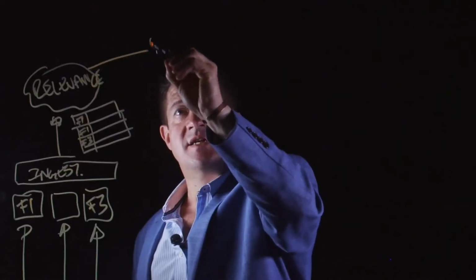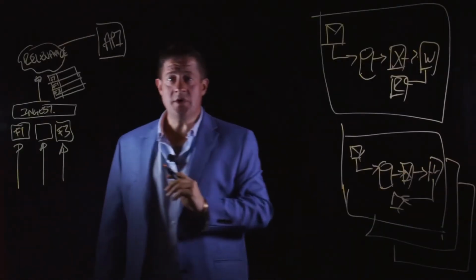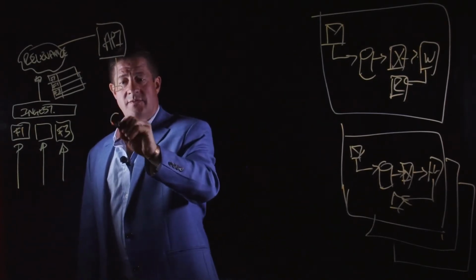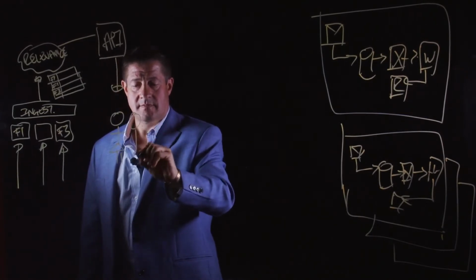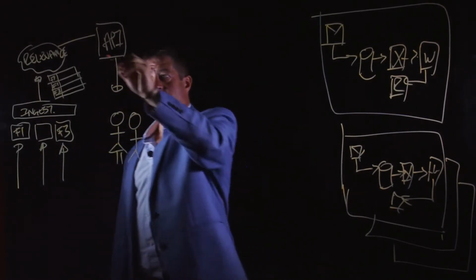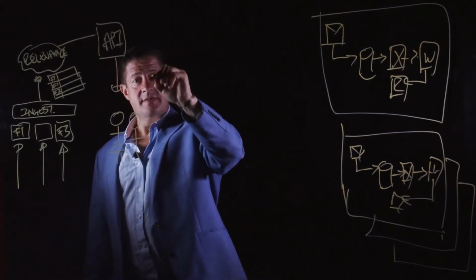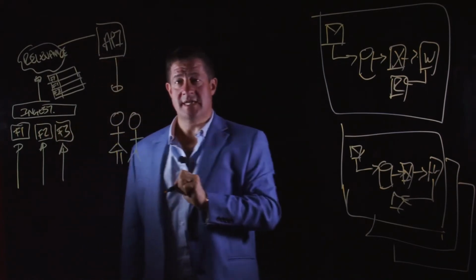From our relevance engine, we have a thing called an API. And what our API does is it talks from you as a client to the API to the relevance engine. Now, our system matches firms against accounts.